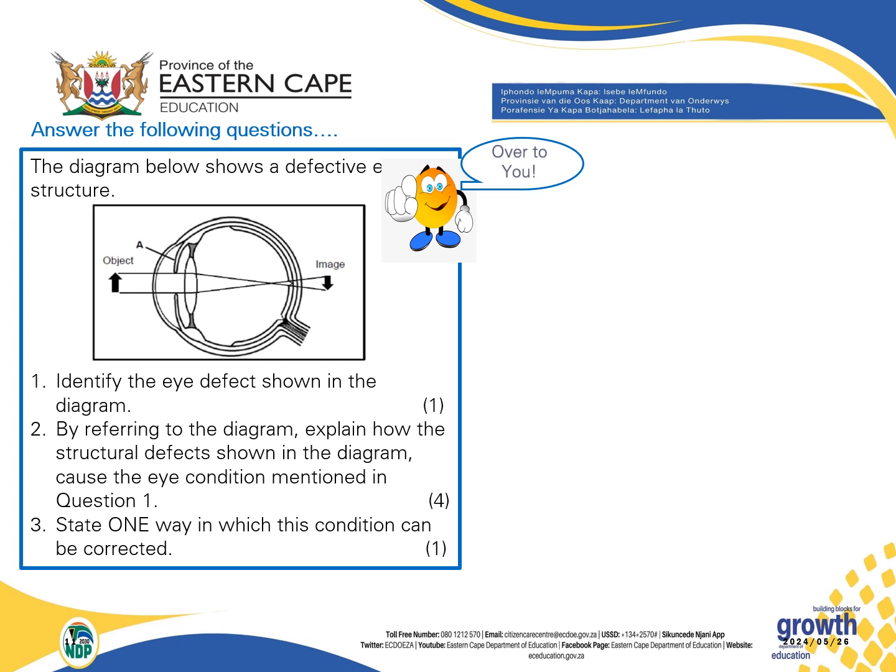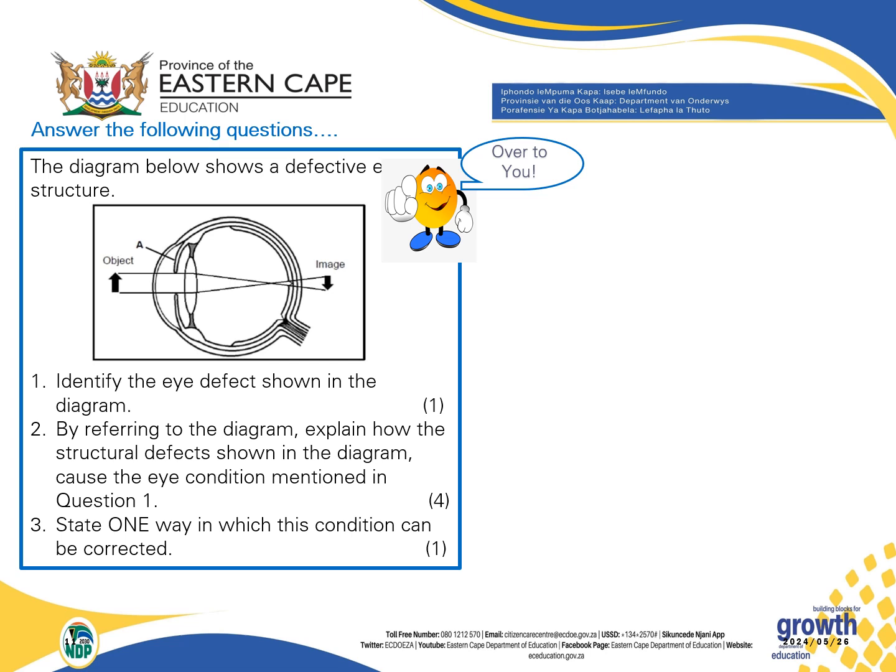Right, so let's see. How do we identify the eye defect shown in the diagram? We can see in the diagram that the image forms behind the retina. That means that the light is only focusing after the retina.